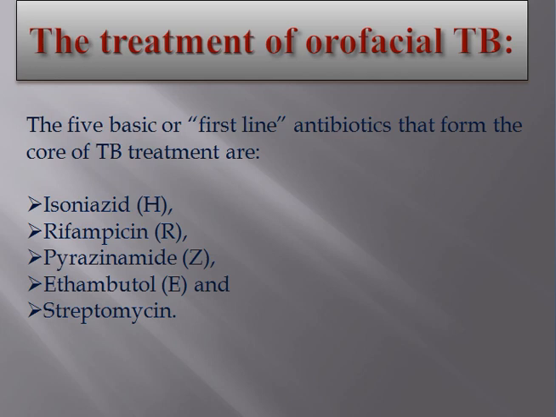Treatment. The treatment of orophyseal tuberculosis is the same as standard antimycobacterial treatment regimens used for treating pulmonary tuberculosis. The 5 basic first-line antibiotics that form the core of tuberculosis treatments are isoniazid, rifampicin, pyrazinamide, ethambutol, and streptomycin.